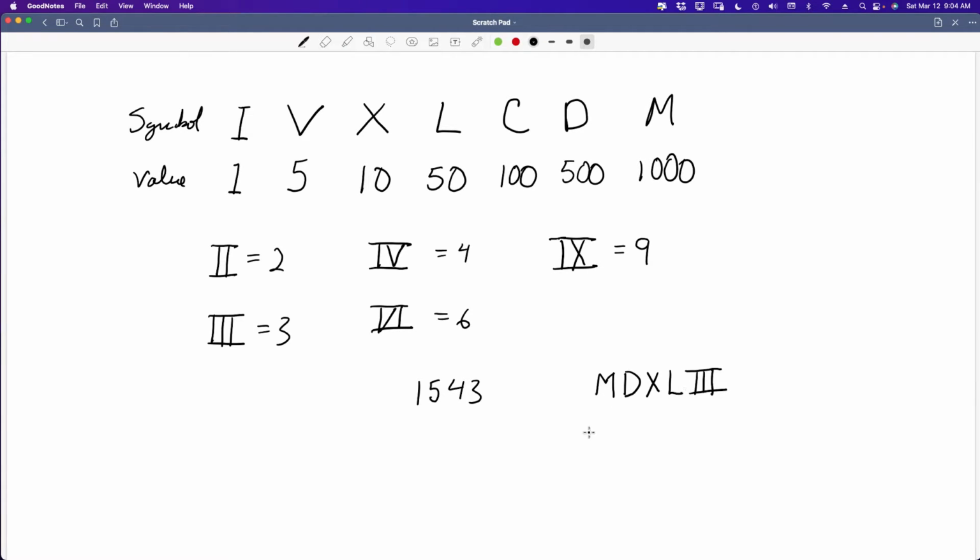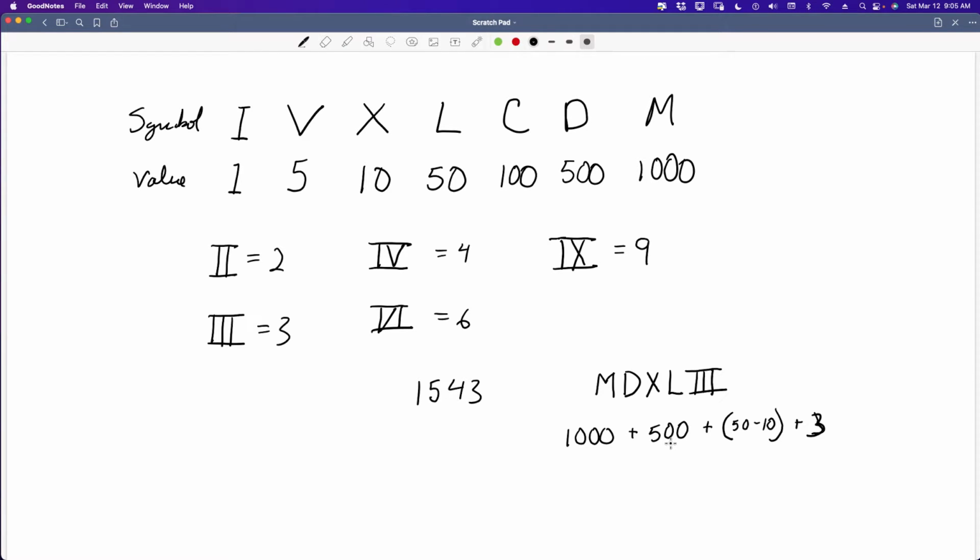So this would literally be 1,000 plus 500 plus 50 minus 10, because that's what this meant, 10 from 50, plus 3. And that's how they would do their numbers, using the letter system.